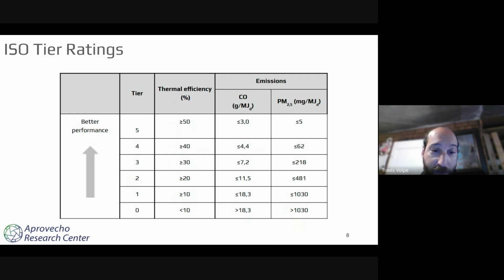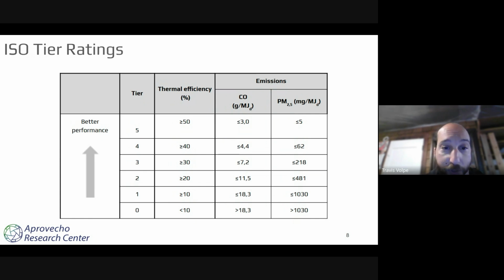The rating system is a 0 through 5, with 0 being the lowest performers and 5 being the best performing stoves. So a stove that has greater than 50% thermal efficiency, less than 3 grams per megajoule delivered of carbon monoxide, and less than 5 milligrams per megajoule delivered of PM 2.5 would achieve a tier 5, so an absolute top tier rating.